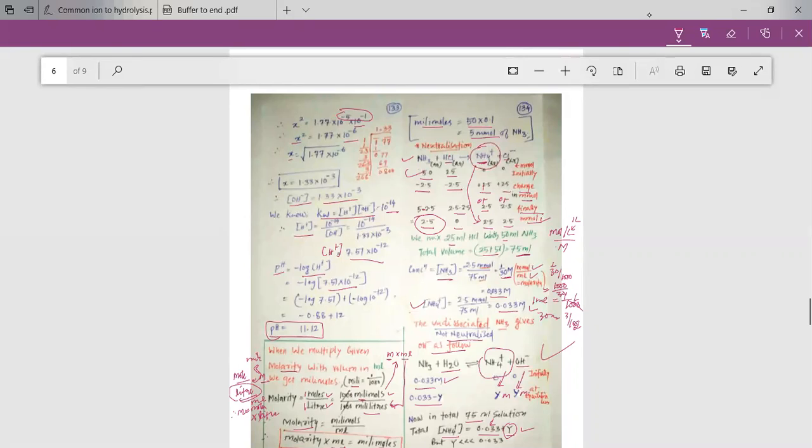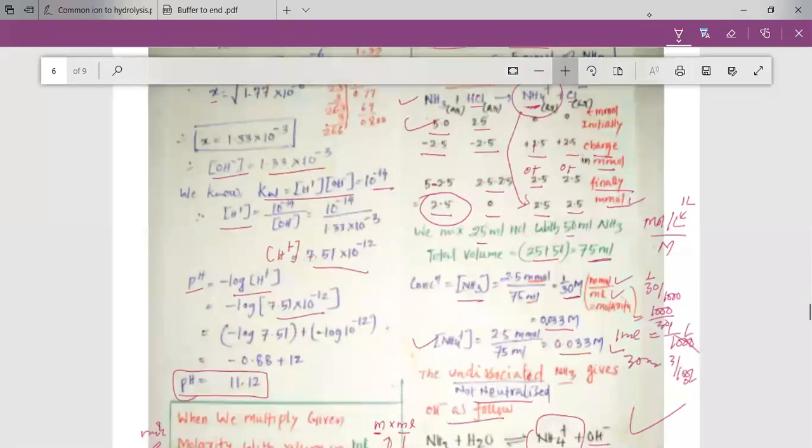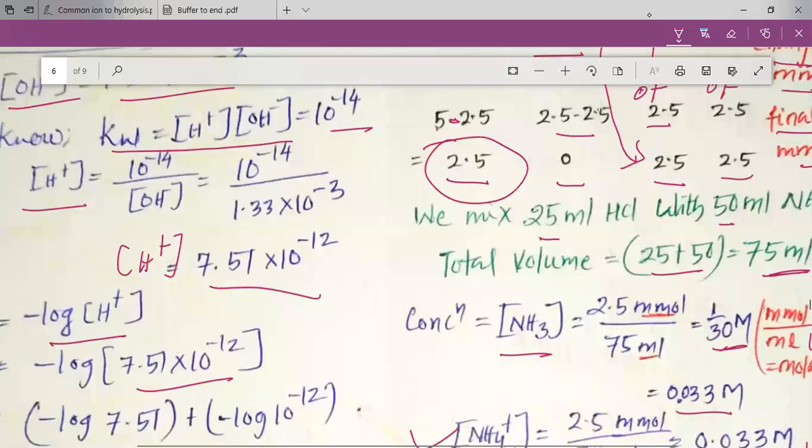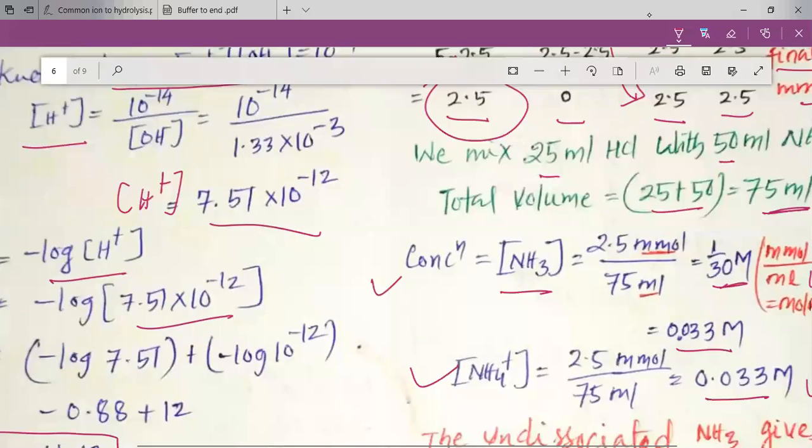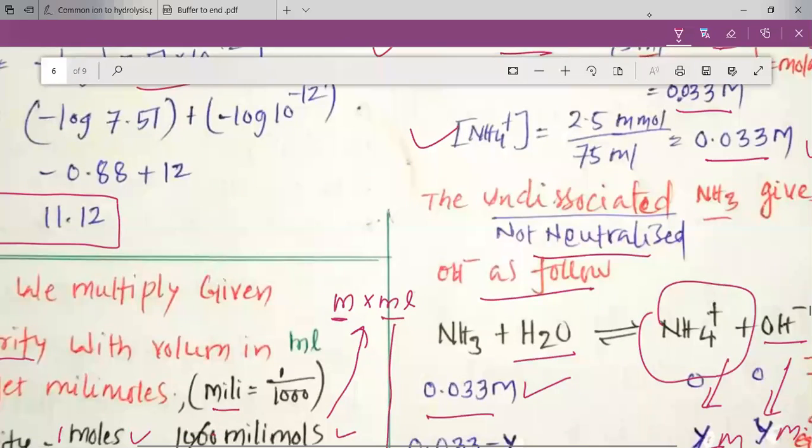This 2.5 we have converted into 0.033 mole per liter of NH4 plus. Then this undissociated ammonia, when it reacts with water, produces NH4 plus and OH minus. So the extra concentration we get is Y mole per liter. So this is how the total concentration of NH4 plus ion is equal to 0.033 plus Y.